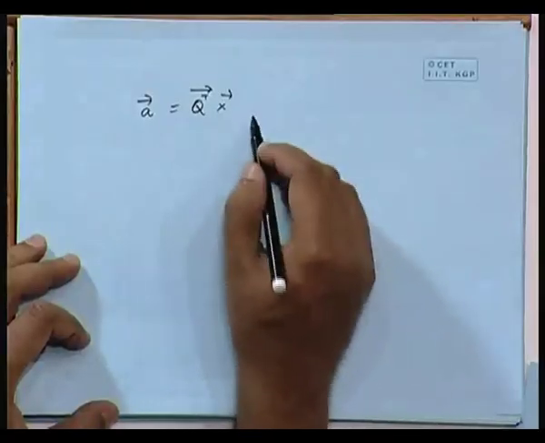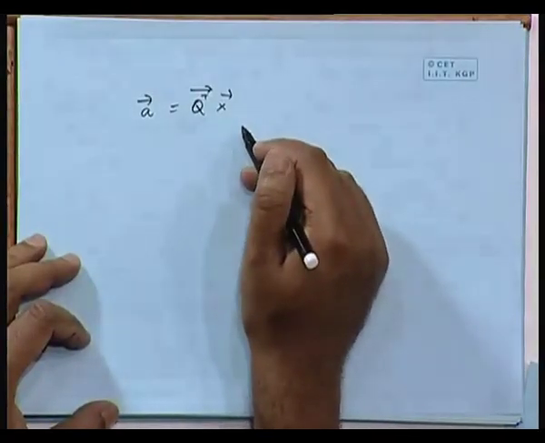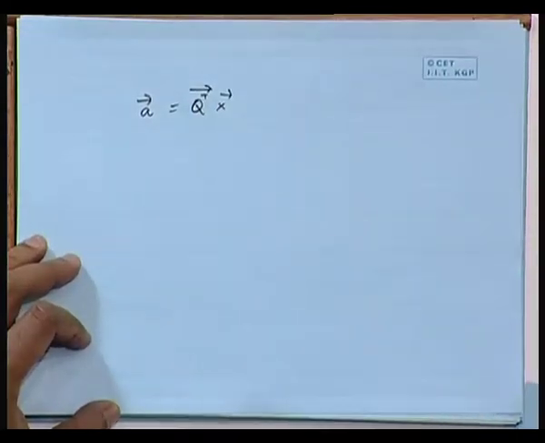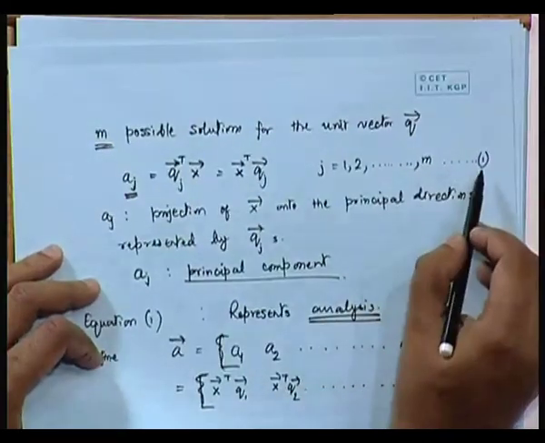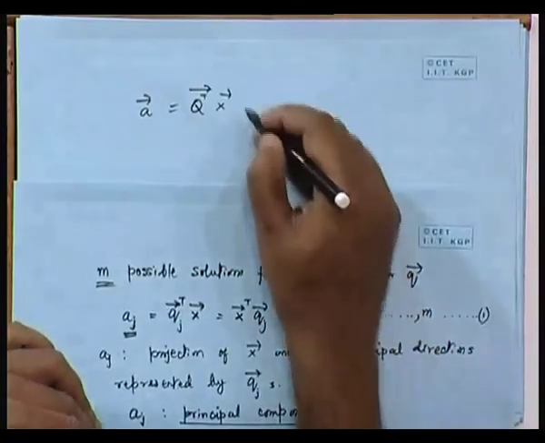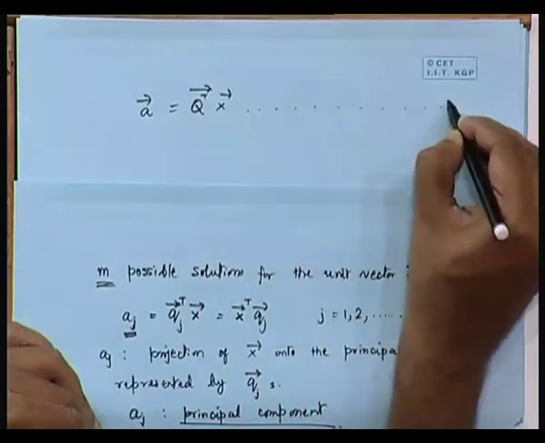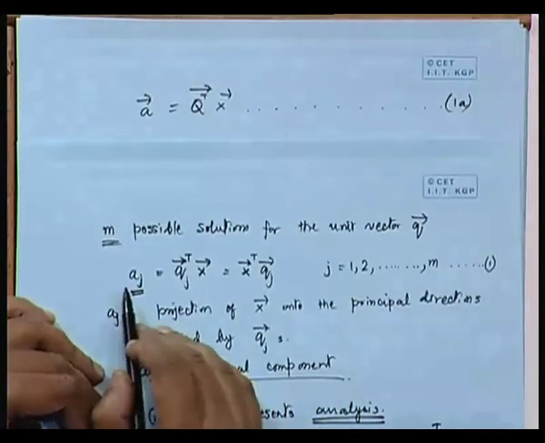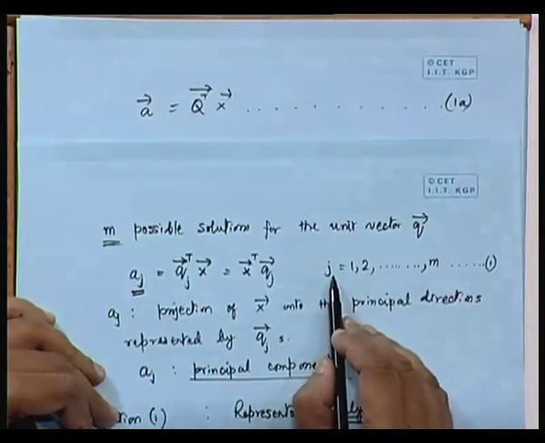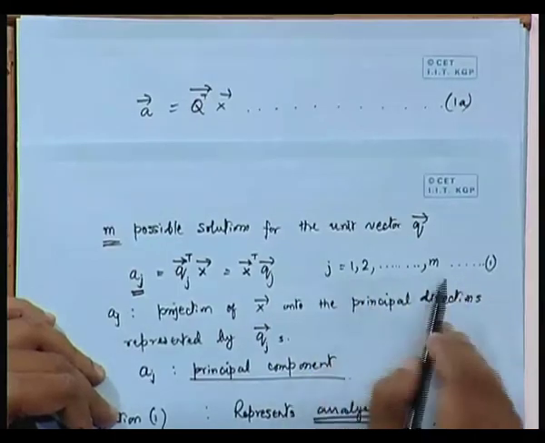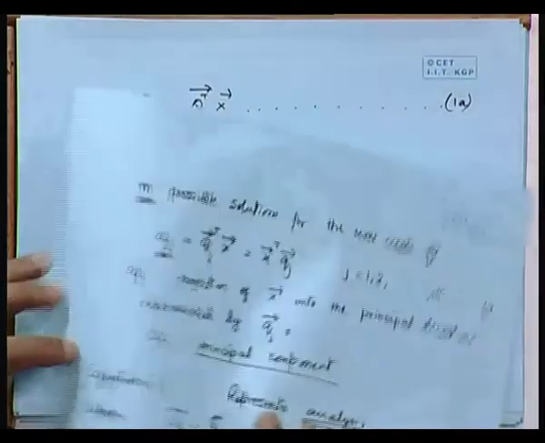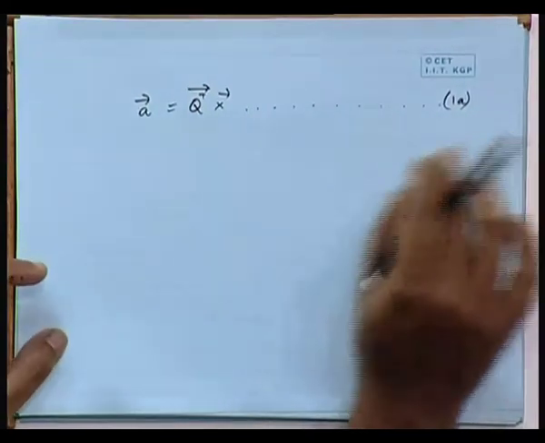So basically this is one and the same thing as the analysis. There is no difference between our equation number 1 and what we can call equation number 1A. It is only combining all these m different Aj's in the form of a vector, and all the qi's in the form of the Q matrix, nothing else.